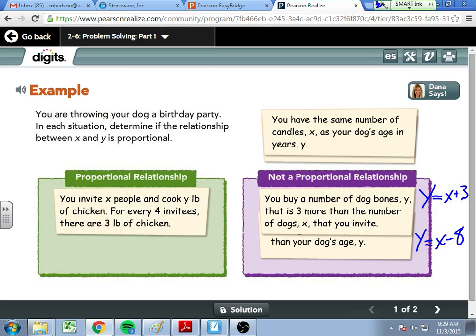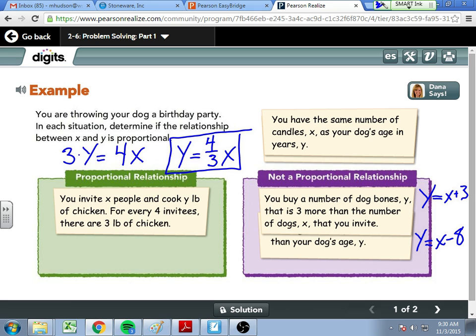Over here, this one gets a little weird. Y is the amount of chicken you have. 3 times 4. So you have 3 pounds of chicken. So you have 3Y for every 4 guests you have. We could really actually say Y equals 4/3 X. So this equation is a good example that, yes, it is proportional. It's a little tricky to write.